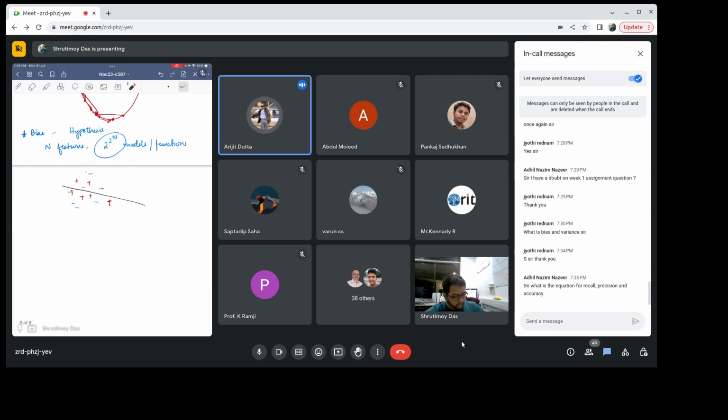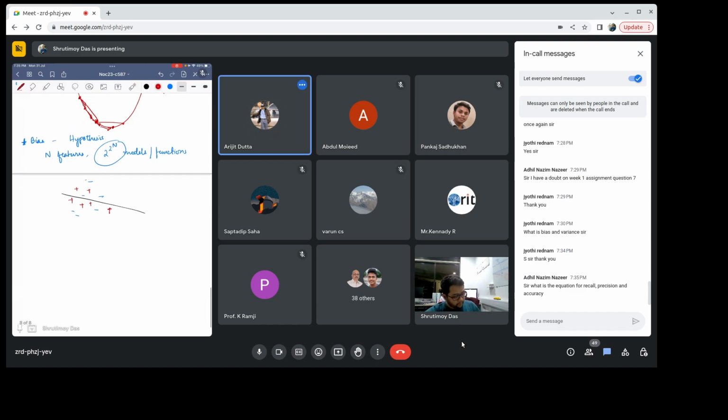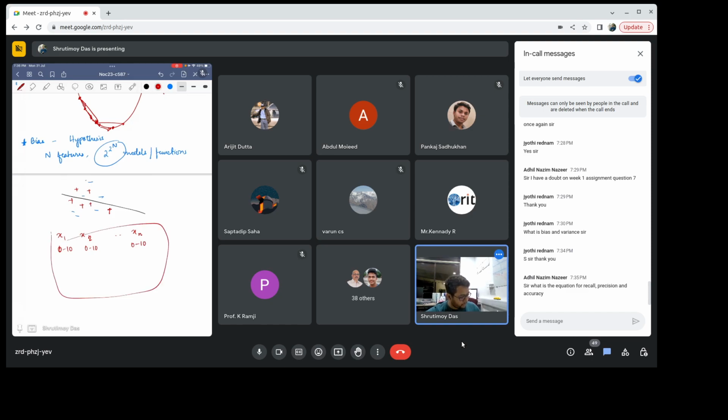No. So it depends. Suppose you have n features, x1, x2 up to xn, and suppose each of these features can have say 10 values, say 0 to 10. This can be 0 to 10, 0 to 10. So the total number of possible examples will be 10 to the n, right?